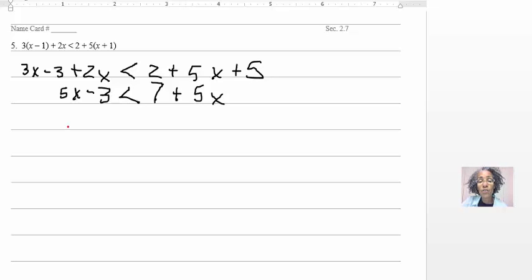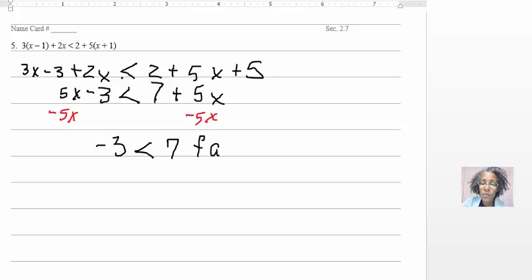And then I'm going to subtract 5x from both sides, only to see that I'm left with an inequality that has no variables in it. Is negative 3 less than 7? And it is. So this is true. This is a true statement.